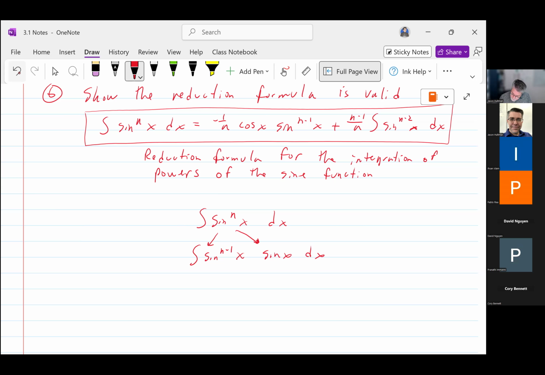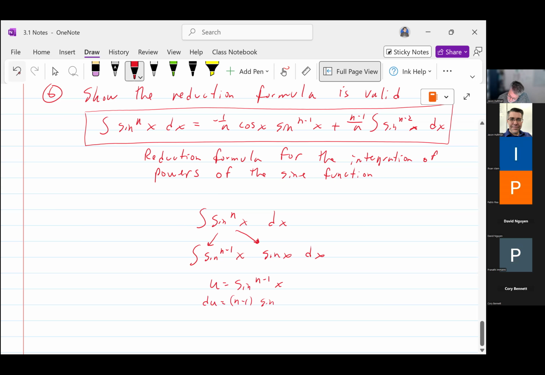Okay, so u is going to be equal to the more complicated sine function. I'm going to get sine to the n minus 1th power of x. When I take the derivative of this, I'm going to bring the n minus 1 in front.